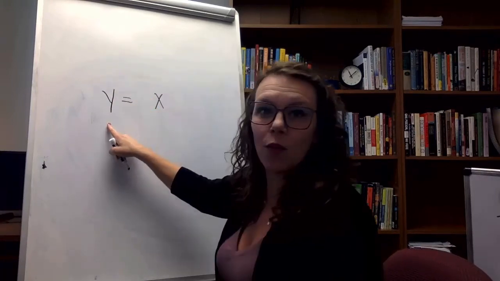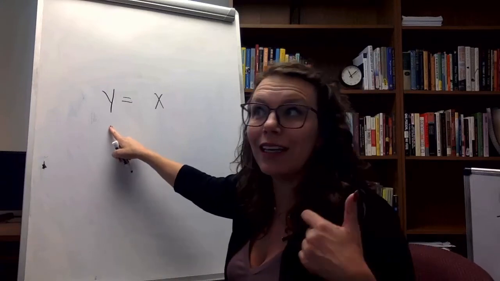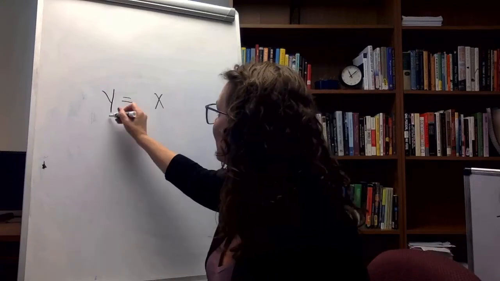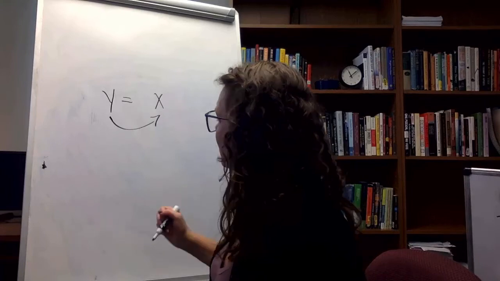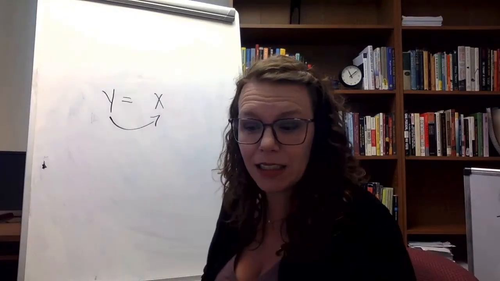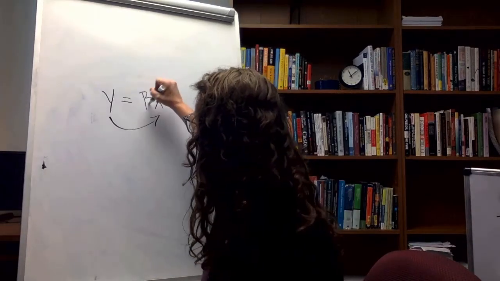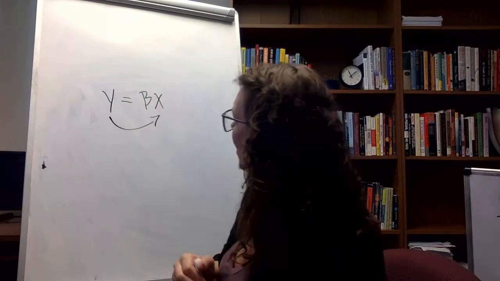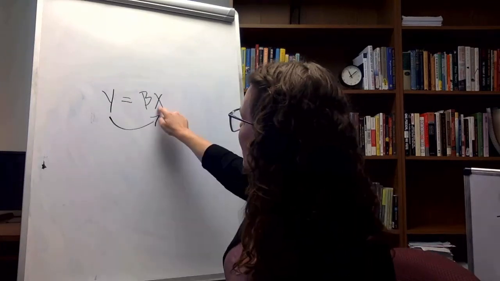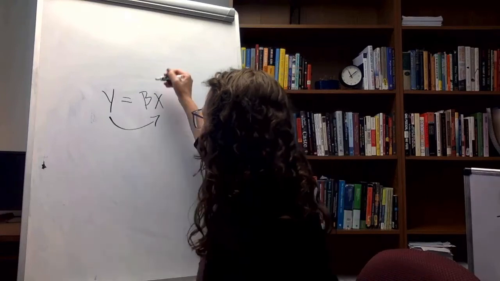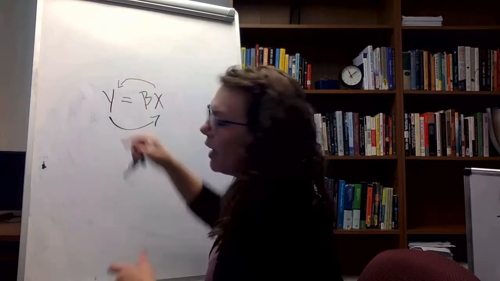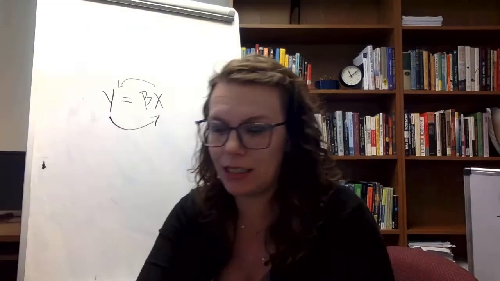Y is our dependent variable. Y depends on the value of x, to the extent of the coefficient, usually beta. So we're going to say that this thing x causes y and is independent.